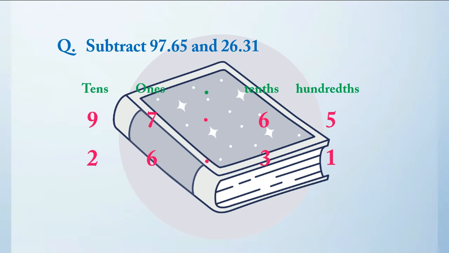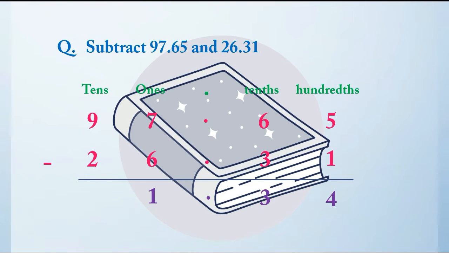Now after this we will subtract them. 5 minus 1, 4. 6 minus 3, 3. We'll copy the decimal point below the decimal point.